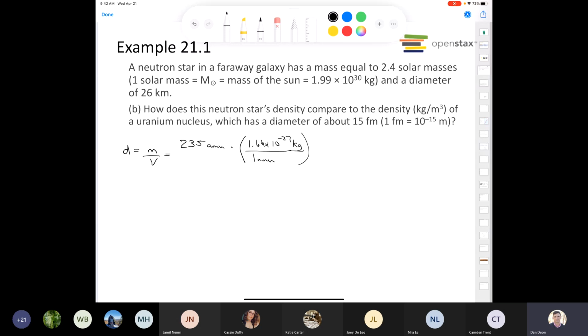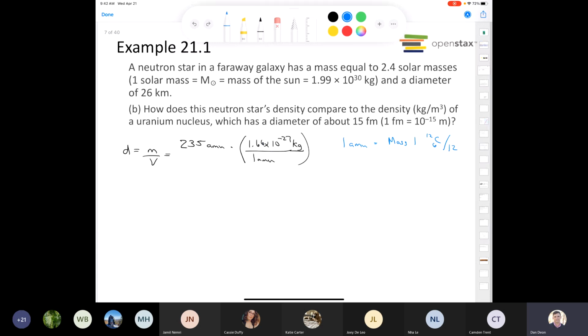One atomic mass unit is equal to the mass of 1/12 of a carbon 12 atom. So you take 12 grams, divide by Avogadro's number, divide by 12, and you end up with 1.66 times 10 to the negative 24 grams, which is 1.66 times 10 to the negative 27 kilograms.